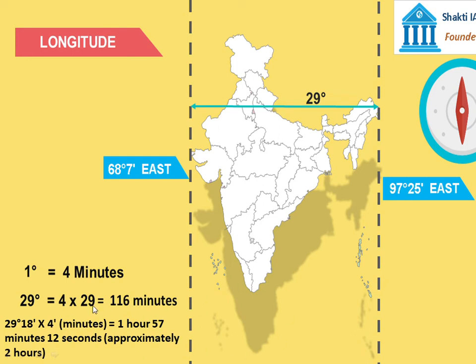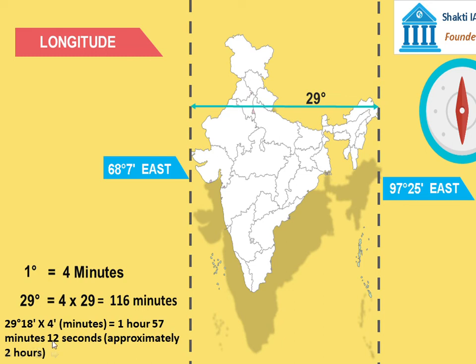So we have approximately 29 degrees, but not accurately 29. Accurately, 97 minus 68 is 29 degrees, and 25 minutes minus 7 minutes is 18 minutes. So 29 degrees 18 minutes, if we multiply by 4 minutes, we get approximately 1 hour 57 minutes 12 seconds.